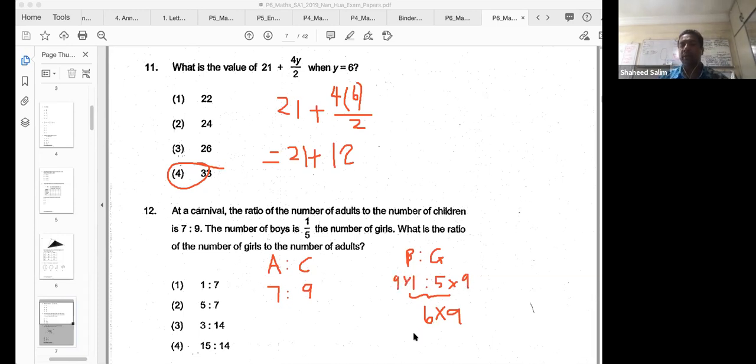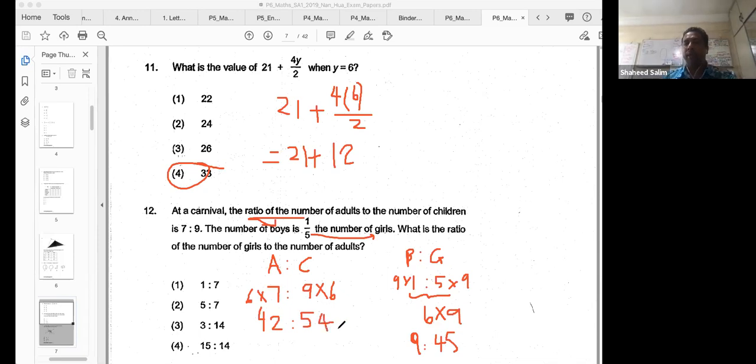So my new ratio is 9 is to 45 for the boys is to girls. Okay. Remember, we are looking like that. If you're confused, yeah, this is what it is. So down here now, I've made it 54. I must also change this to 54, times 6, times 6. So this is 42 is to 54.